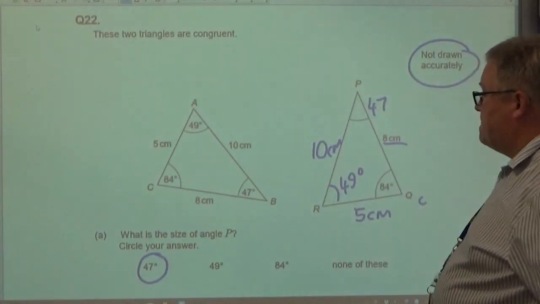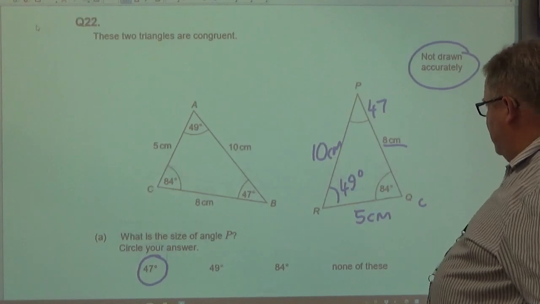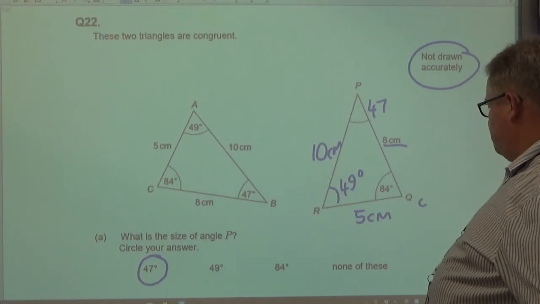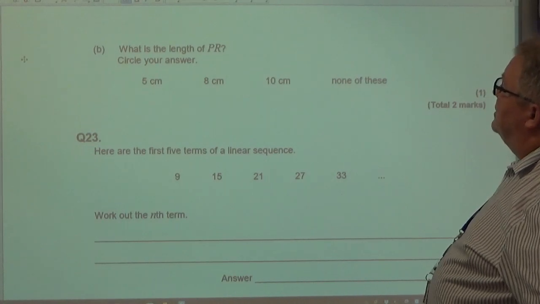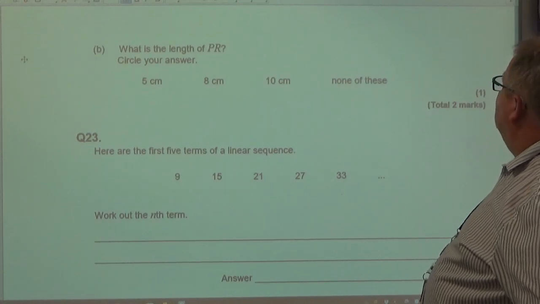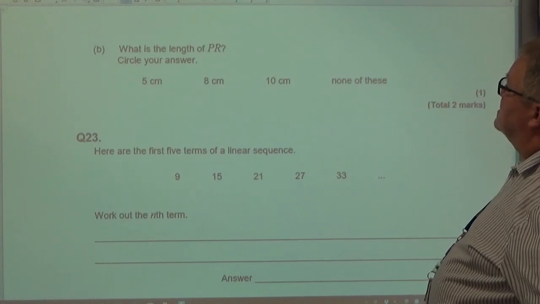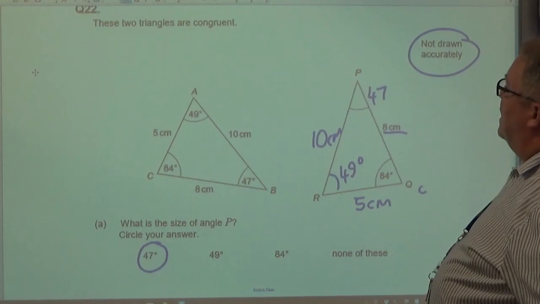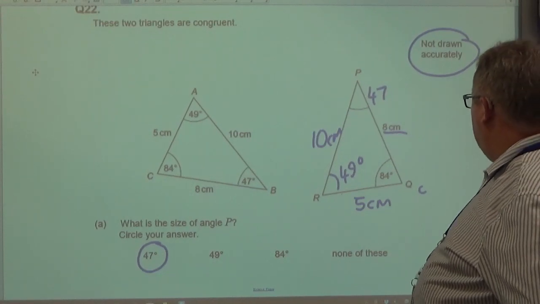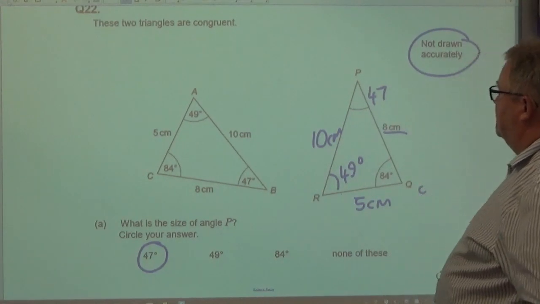And then there's another question a little bit further down: what's the length of PR? Going back up there, PR is 10 centimetres.